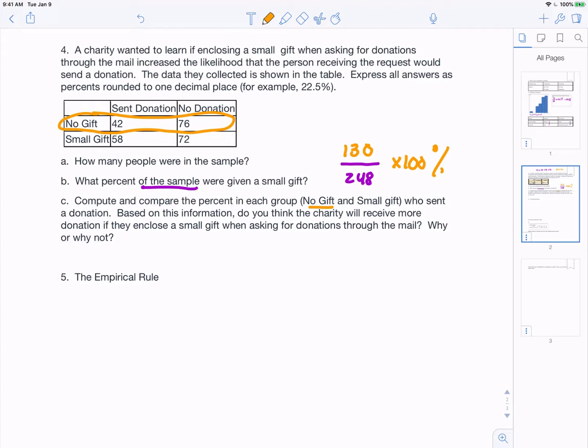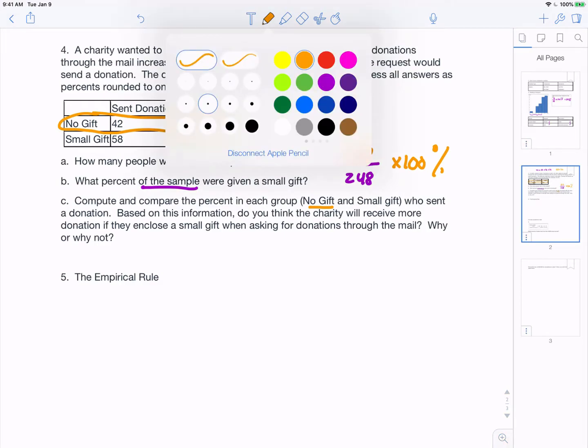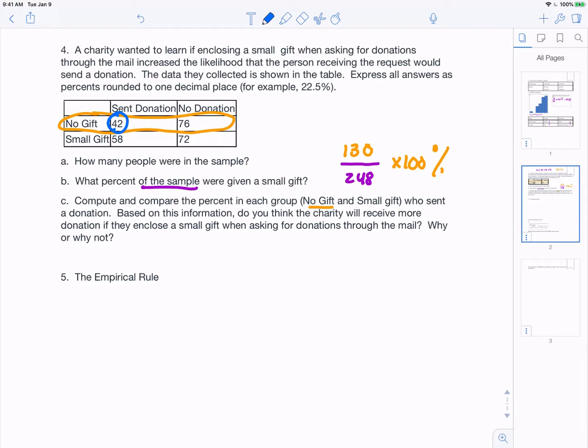And we want to compute and compare the percentage in each gift group who sent a donation. So of this group, these are the people that sent a donation. So for the no gift group, we would be computing the percentage 42 out of, and that group had a total sample size of 42 plus 76, in other words, 118.